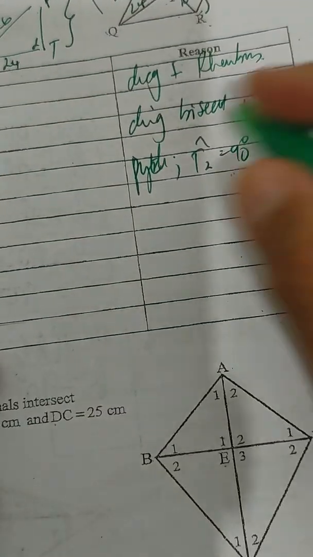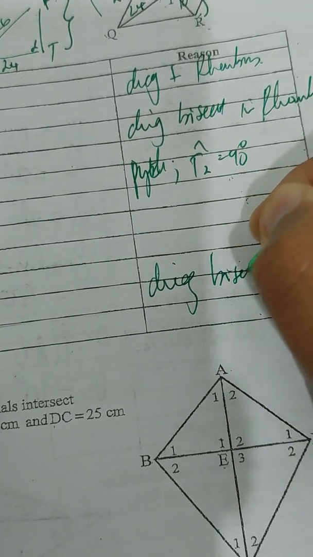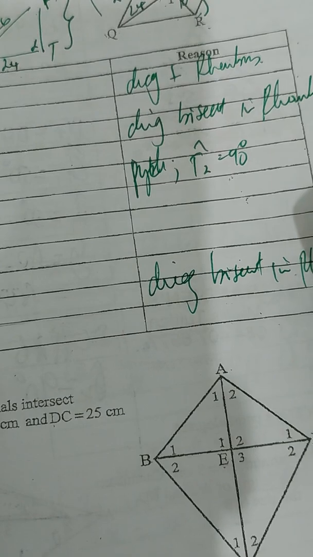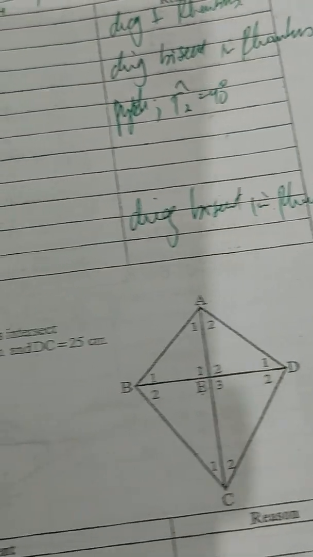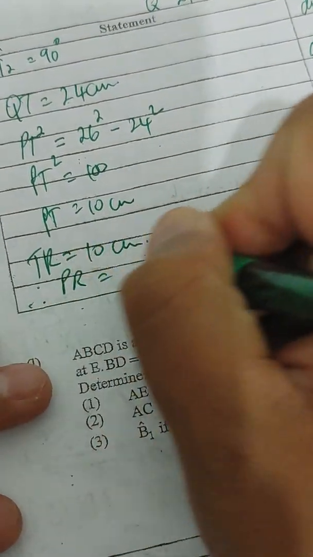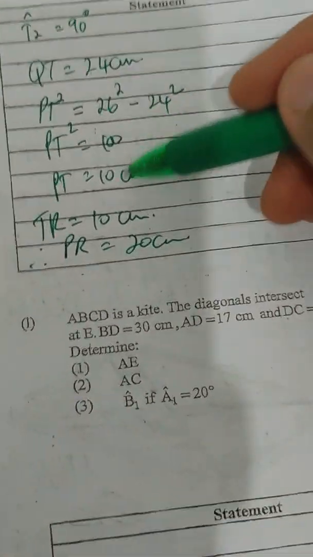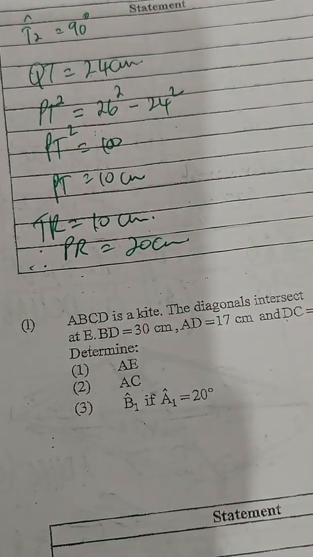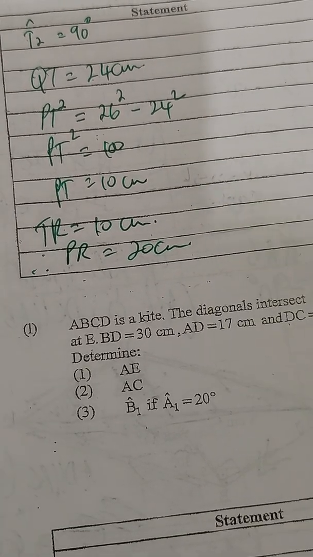Because the diagonals bisect each other in a rhombus, which means they are equal in length, so the diagonals cut each other equally. Therefore, PR is equal to 20 centimeters. Or I could have left this out and gone straight into saying that PR is 20 centimeters.